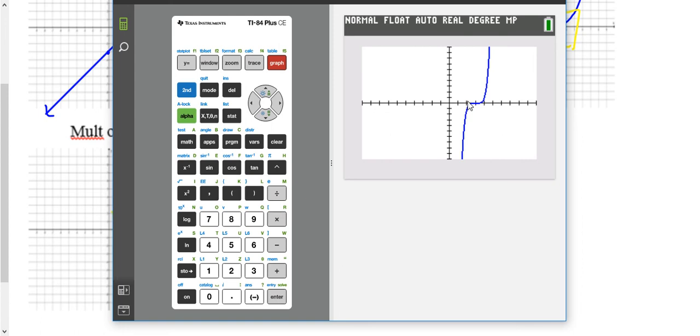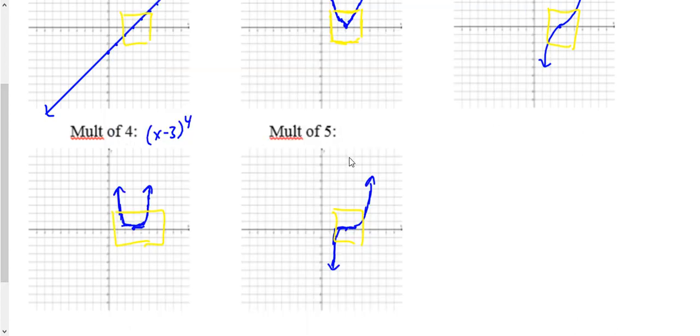Exponent 5 is going to be a bit flatter, almost a whole unit away, flatter, and then it starts changing and twisting away. So there you go, that's all 5 graphs. So things that you need to know, take a look at end behavior: 1, 3, 5, opposite directions for your arrows; 2, 4, and if there ever was a 6, same direction for your arrows.